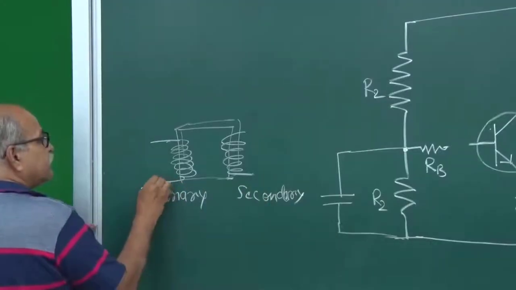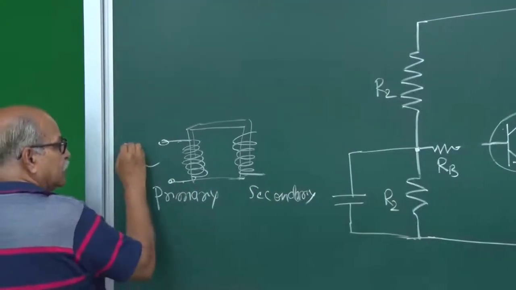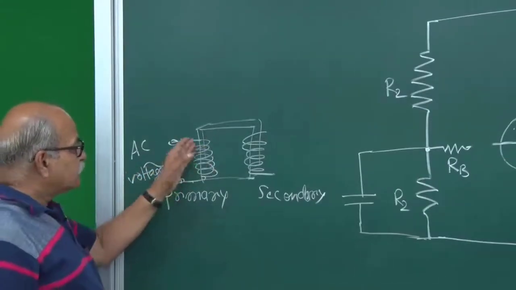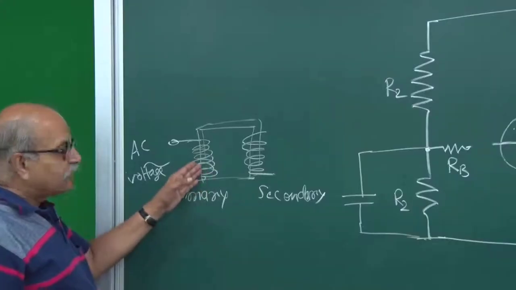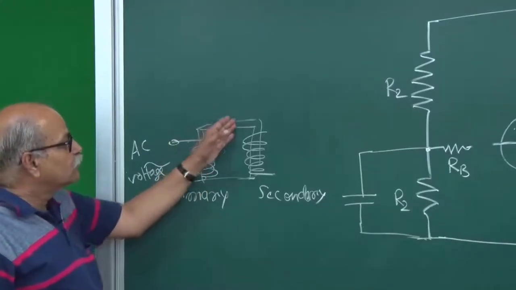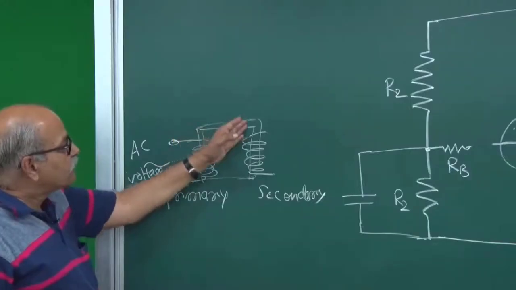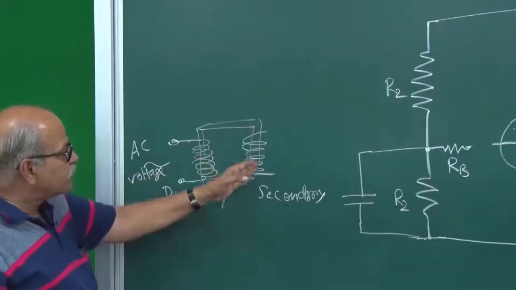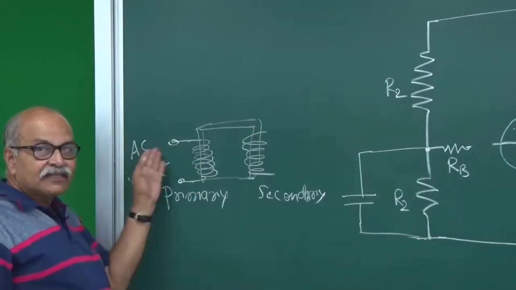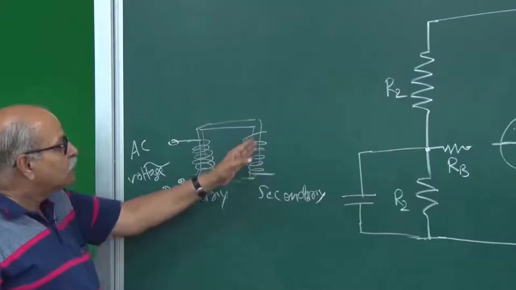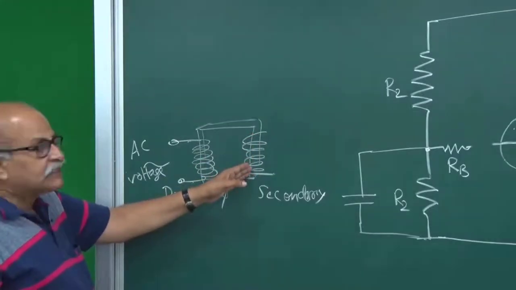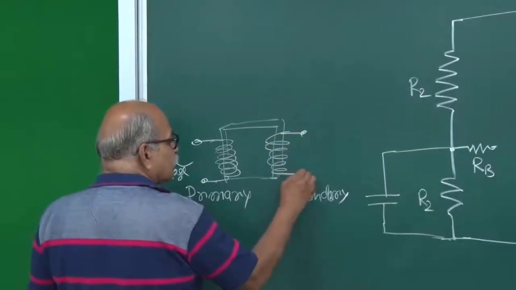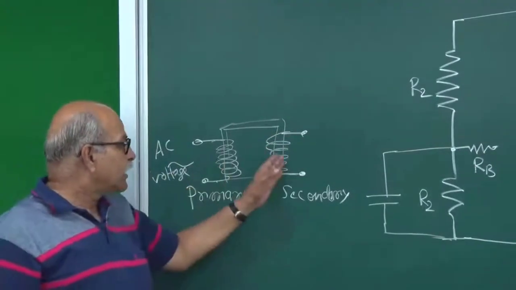Then on primary side you supply some voltage, AC voltage, and this AC voltage drives current, and that current produces magnetic field, and since it is through that same core, whatever soft iron or core, so that magnetic field also reaches here. A flux is generated. Since it is varying with time, this flux also changes with time, and then you have a voltage induced here. Then you have all that mutual inductance, all those mathematics can be done. So you produce a voltage here, and the ratio can be determined.